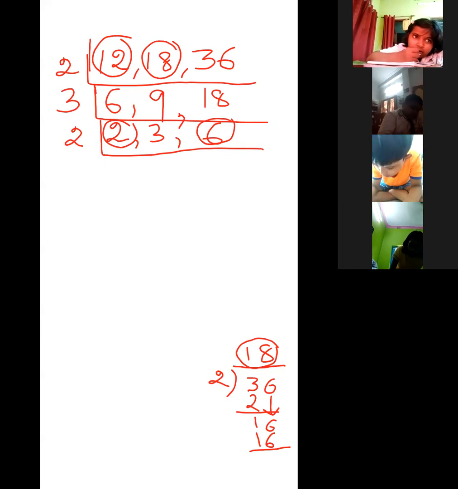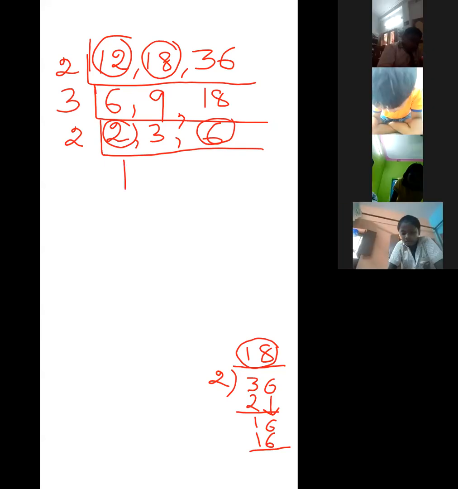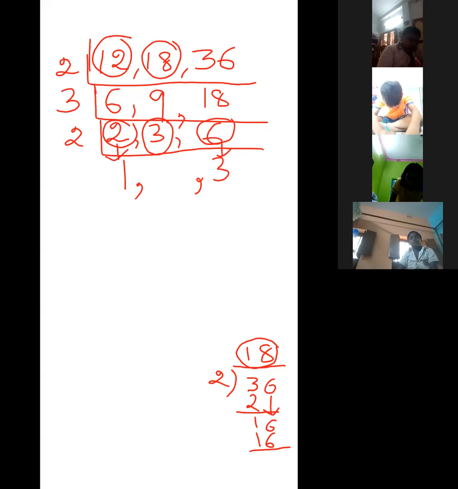That means, look, 2 and 6, take 2. 2 1 is 2 and this one will be 3 2s are 6. So what will be for this 3? This 3 will remain as it is. Understood? It will remain as it is.